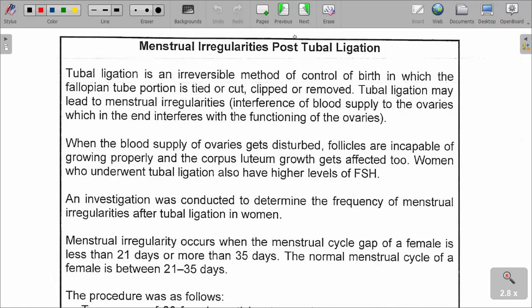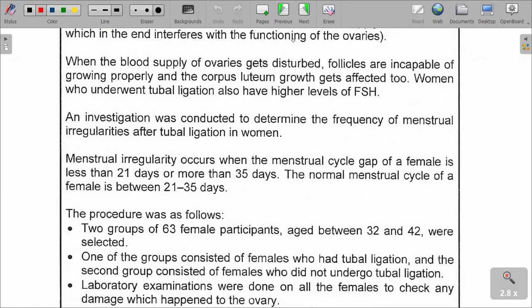Tubal ligation may lead to menstrual irregularities and interference of blood supply to the ovaries, which interferes with the functioning of the ovaries. The blood supply of the ovaries gets disturbed, follicles are incapable of growing properly, and corpus luteum growth gets affected too. Women who underwent tubal ligation also have higher levels of follicle stimulating hormone.